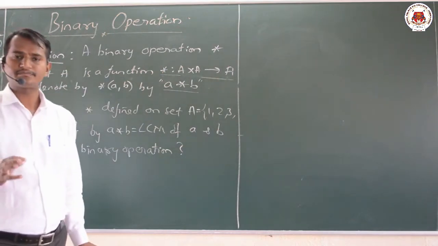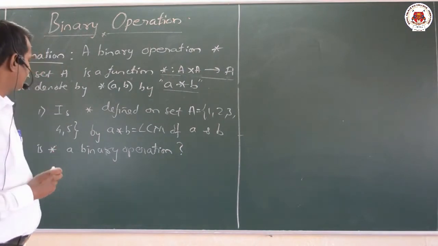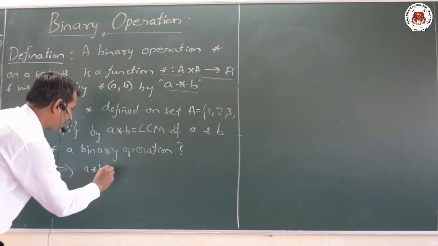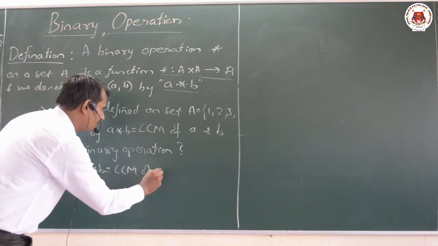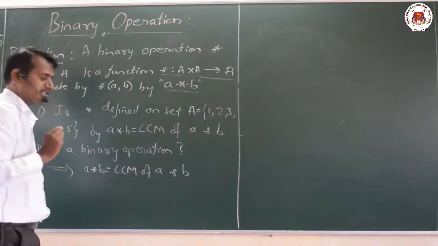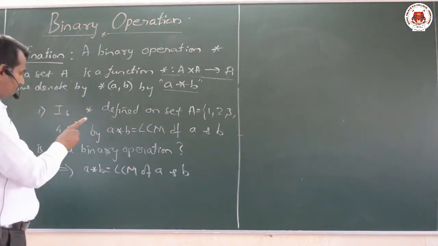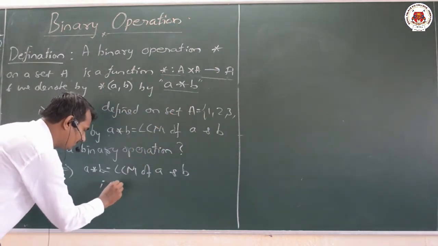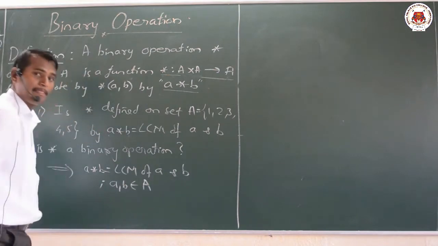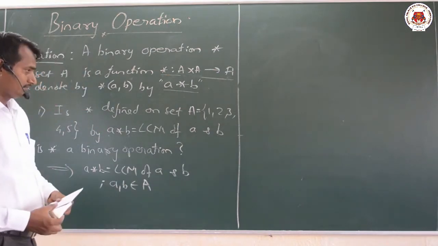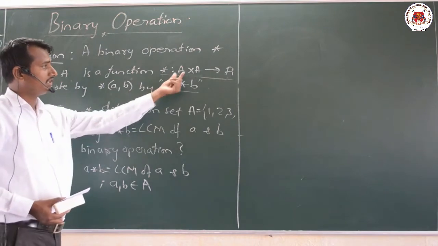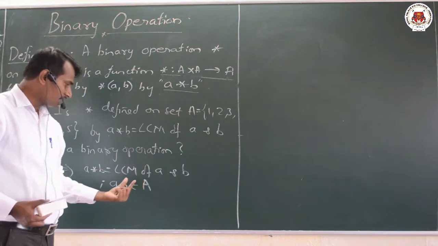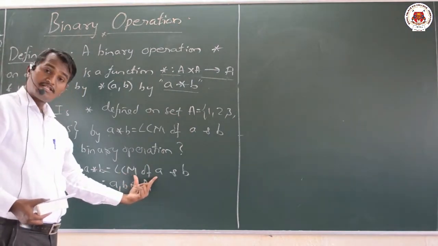That we shall discuss. One thing you have to pay attention to is how we have to define A star B. A star B equal to LCM of A and B. Here both small letters A and B belong to the set A. Given A comma B belongs to the set A, as I said, if the input A comma B belongs to A, then the result should too.